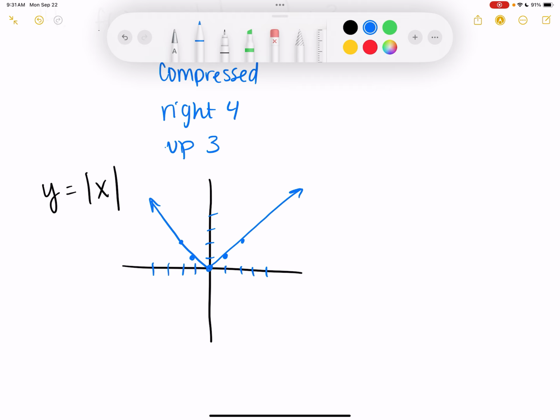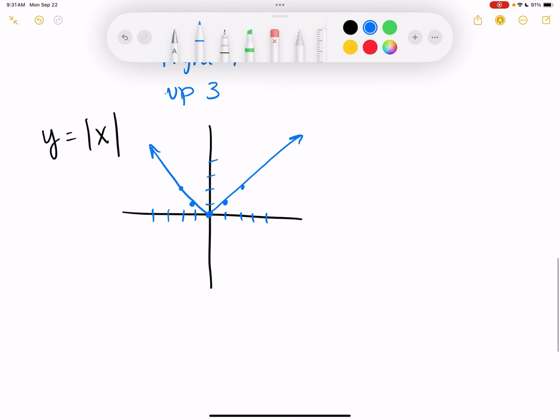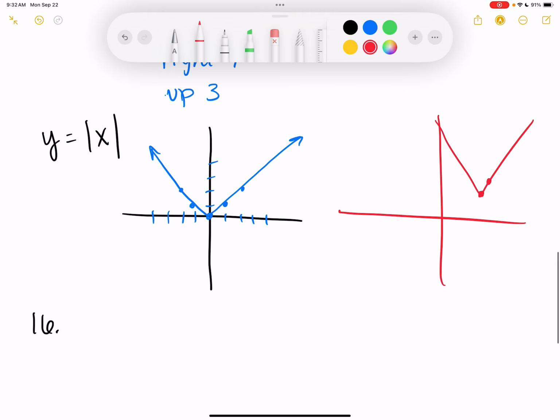So, number 16, we're looking at that graph. They have taken their graph and shown a point here and a point here. They're showing you that that's one spot away like I did over here.